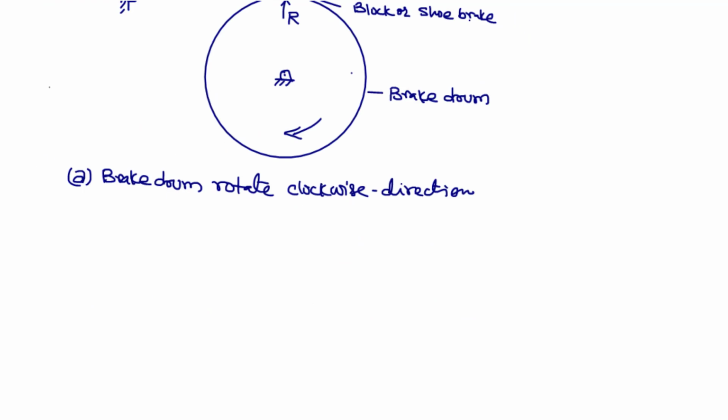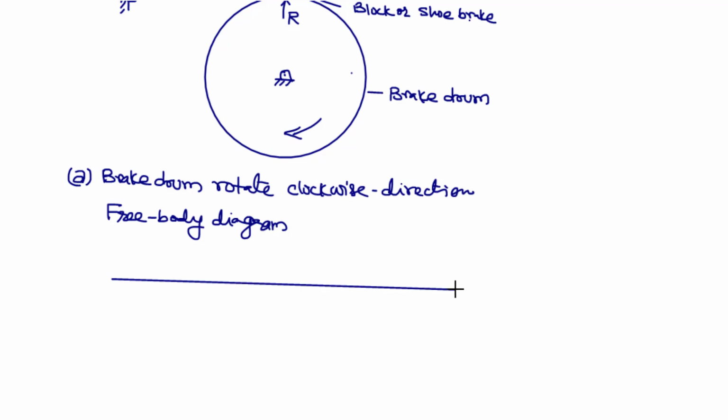Now first we draw the free body diagram. This is the lever. At the end of the lever, the force F is acting vertically.